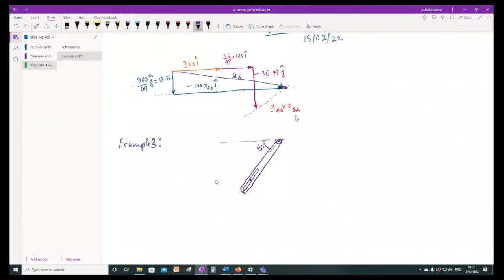This pin is connected to another link which is like this, and it is hinged at this point.